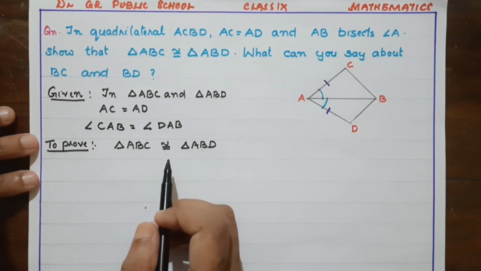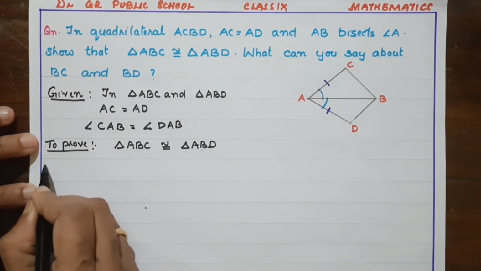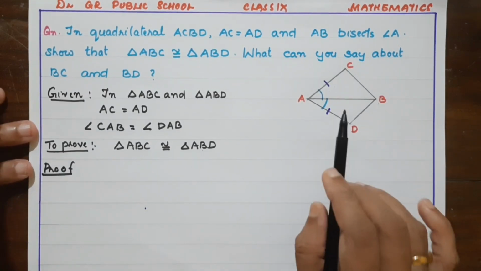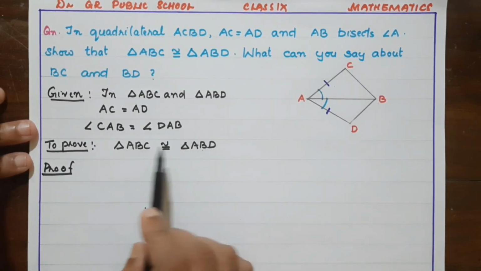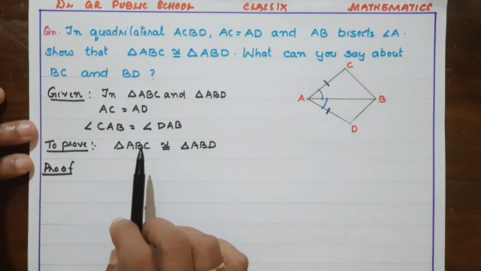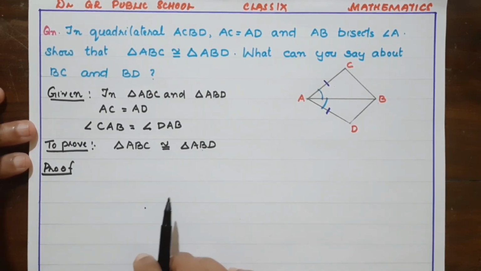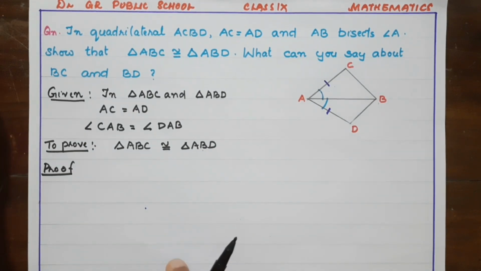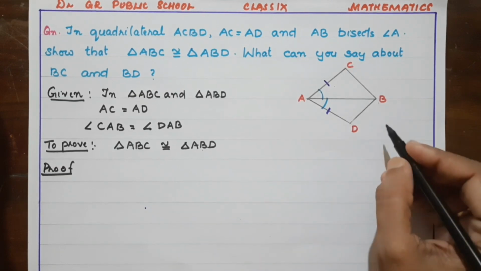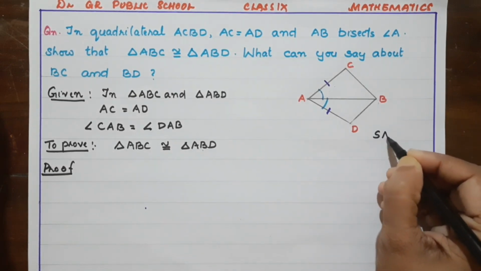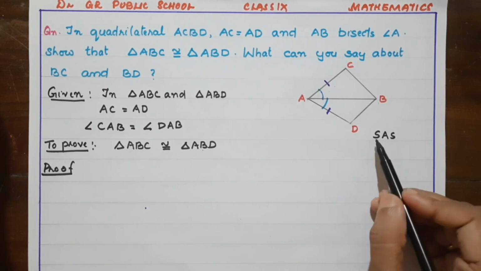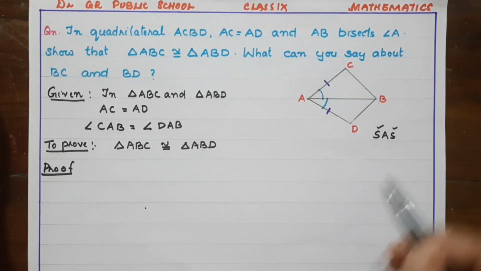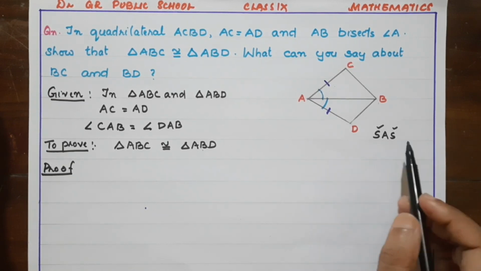Now we can start the proof. So we have to prove the congruency. For proving congruency, we have discussed one criterion. What is that? SAS criterion. For applying the SAS congruence rule, we need two sides and the included angle to be equal.